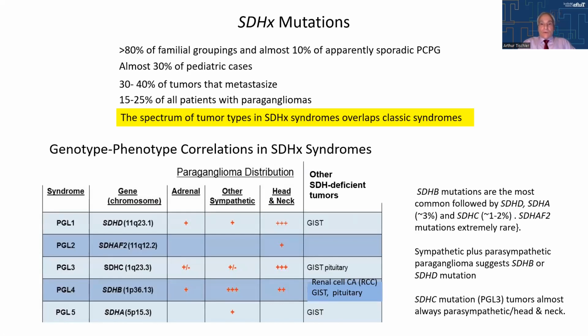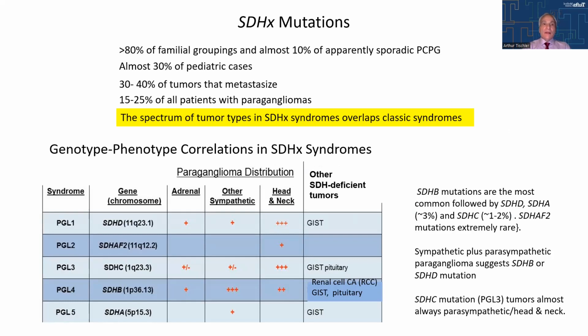SDHX mutations create an entire new level of complexity in dealing with these hereditary tumors. As I've mentioned, the great majority of familial groupings of pheochromocytoma and paraganglioma, and almost 10% of apparently sporadic tumors, are accounted for by these mutations.